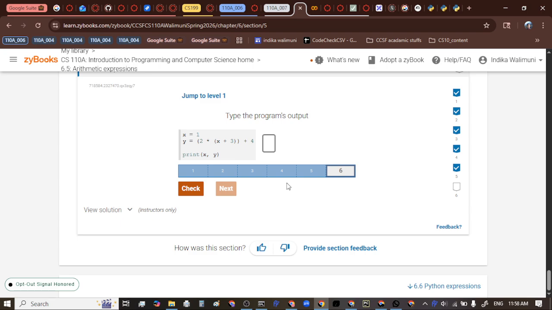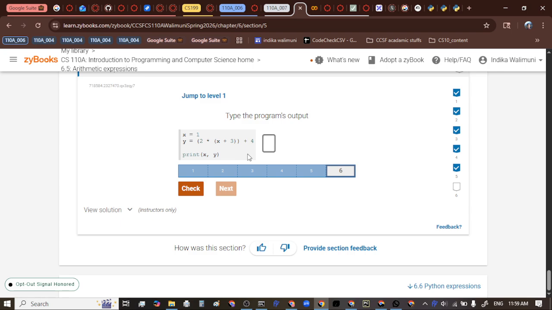This one, I wanted to get into this one actually. Which operator do we do first? Which parenthesis do we do first? We do 1 plus 3, x plus 3. No, we go left to right.